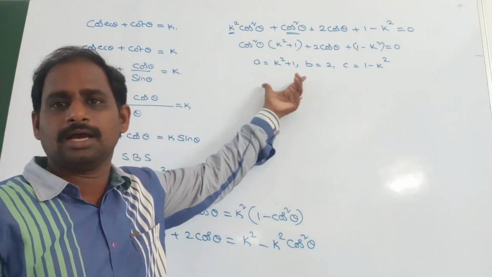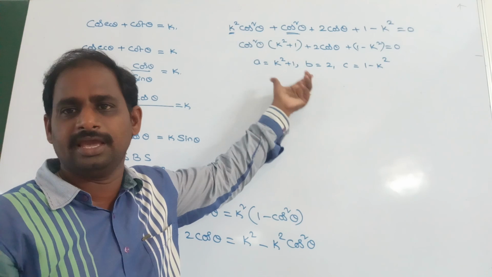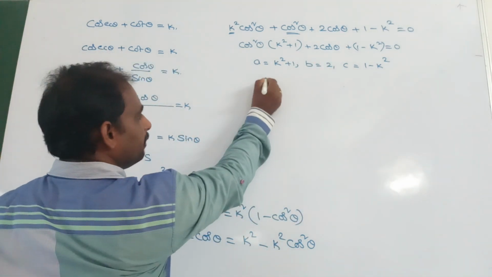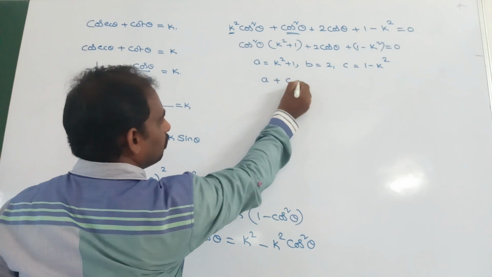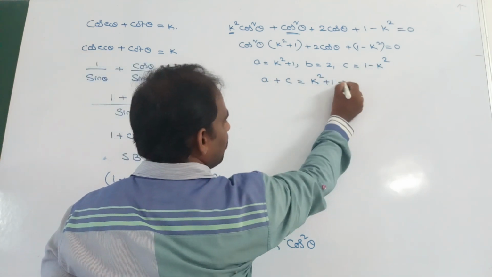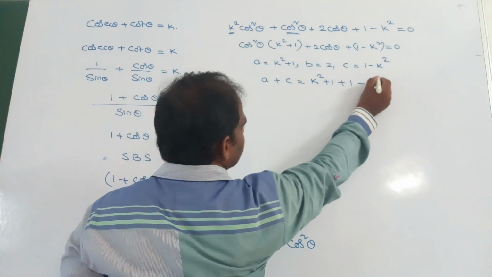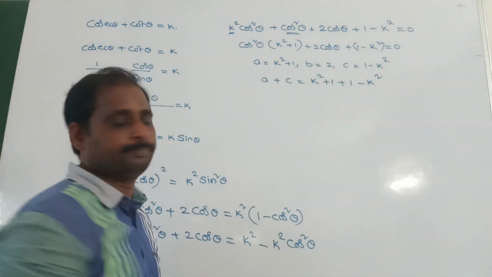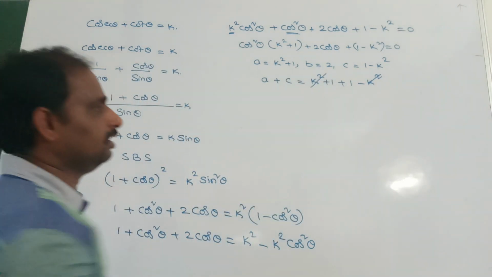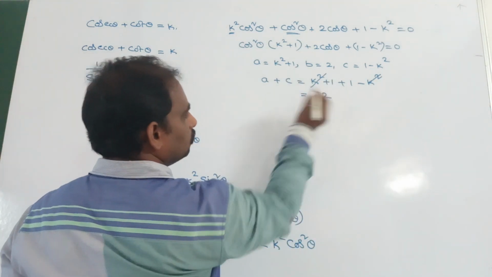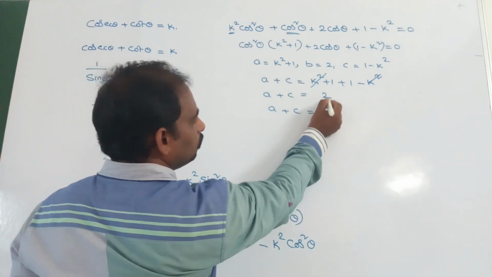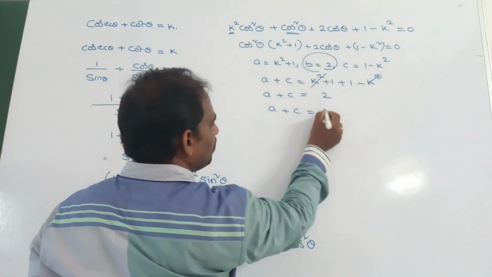But if you observe the values of a, b, c, clearly do a plus c. The a value is k square plus 1, the c value is 1 minus k square. Plus k square and minus k square cancel, 1 plus 1 is equal to 2. That is, a plus c is equal to 2, which is nothing but the value of b.